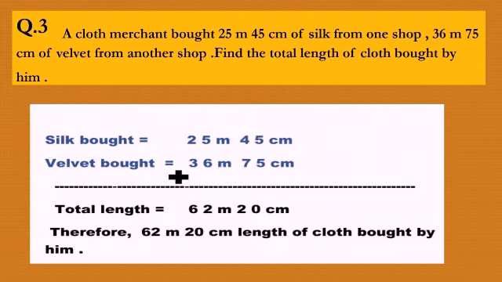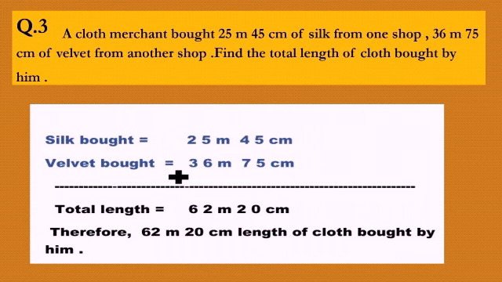Whenever you write the numbers, check twice that what you have written is the same, because sometimes, even if the whole operation is correct, marks are cut because you wrote the wrong numbers. So whenever you place the numbers, do check twice. Okay, so 25 meter 45 centimeter and 36 meter 75 centimeter.